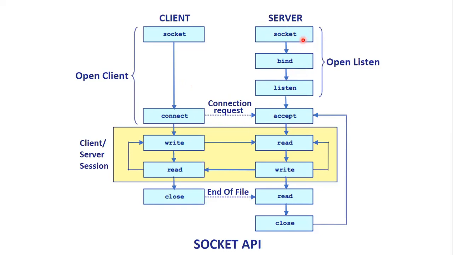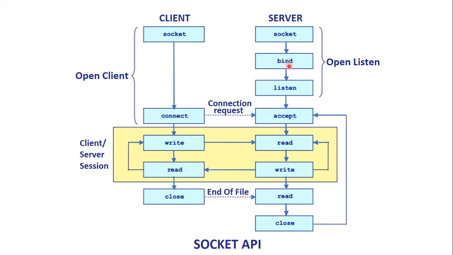Once you create it, the socket descriptor will be created if there is no error. Then, using that socket descriptor, you have to bind that socket with the IP address. So the bind function should be executed by the server. And these functions have to be executed in this sequence only. You can't execute the bind function before the socket function.